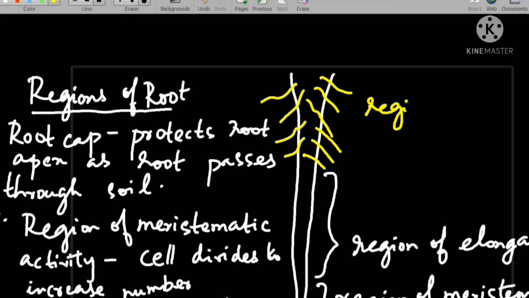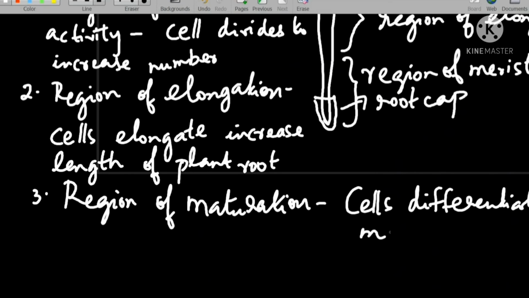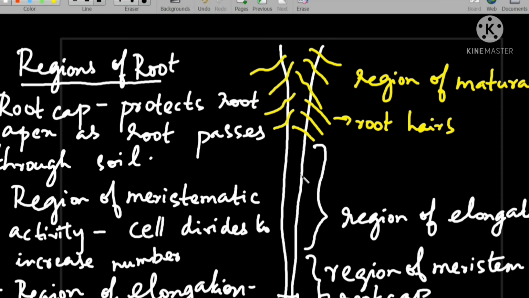So this region is called region of maturation. In region of maturation, cells differentiate and mature to form root hairs.